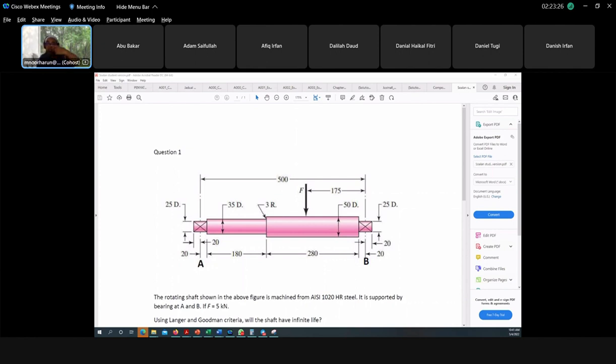This shaft is rotating, like the RR Moore experiment. But the RR Moore is a line shape, whereas here it is a shaft that rotates. So first of all, definitely you have to draw the free body diagram, then identify the reaction forces at A and B.